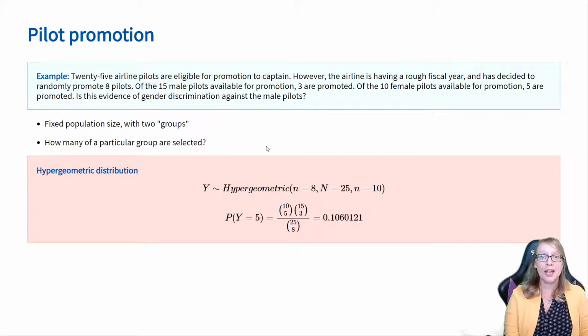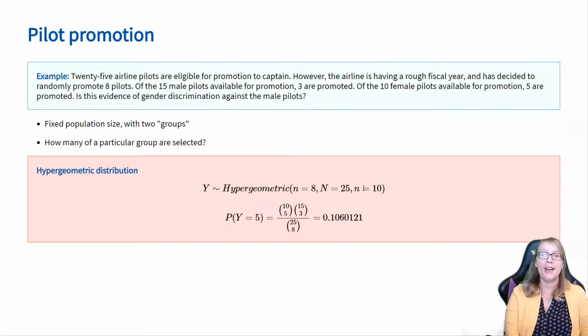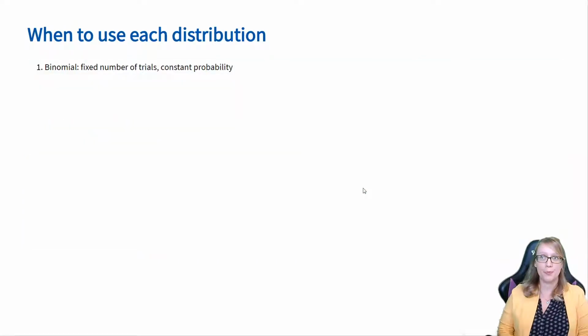Out of those big N equal 25 pilots available for promotion, we're going to choose 8 at random. Out of the 10 female pilots, this instead of a little n should be a little r, what's the probability that we would choose 5? So even though this seems like an unlikely event, this would happen about 11% of the time, according to the hypergeometric distribution. So maybe there isn't a case for discrimination after all.